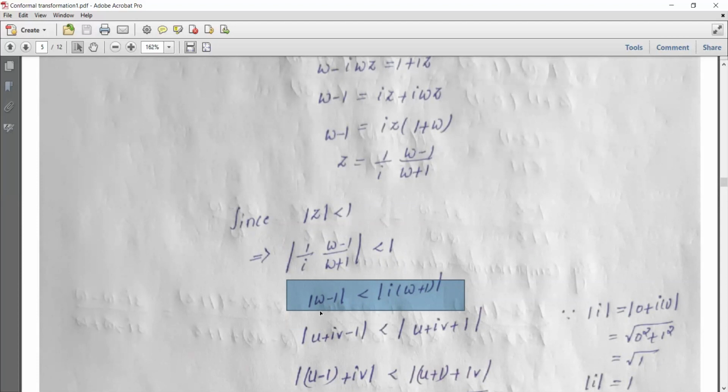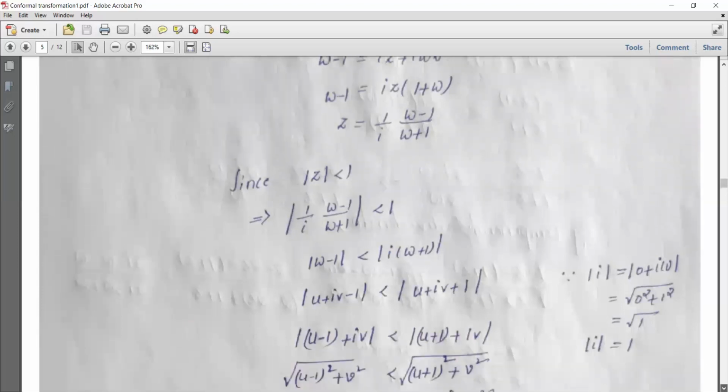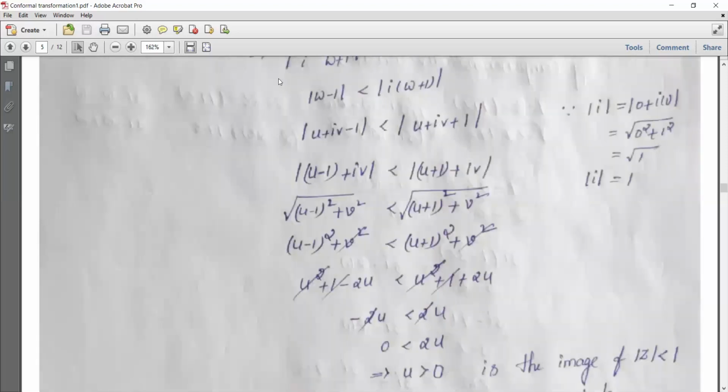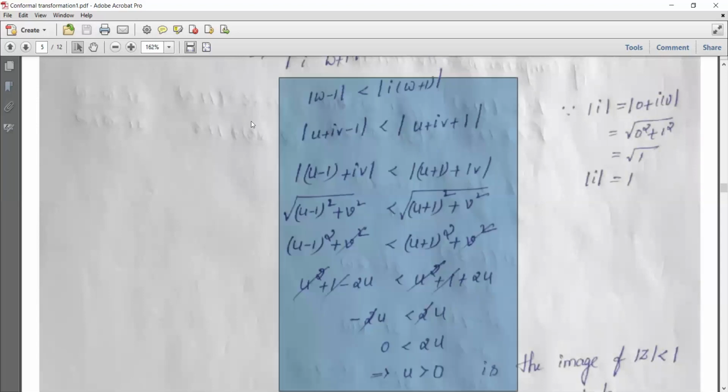So what is the w general form? Here the w general form is u plus iv. Minus 1 as usual I have written here, less than modulus i.